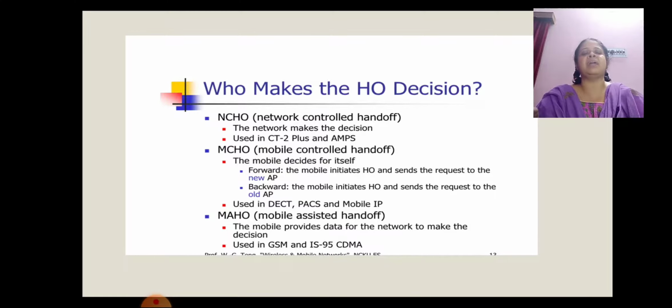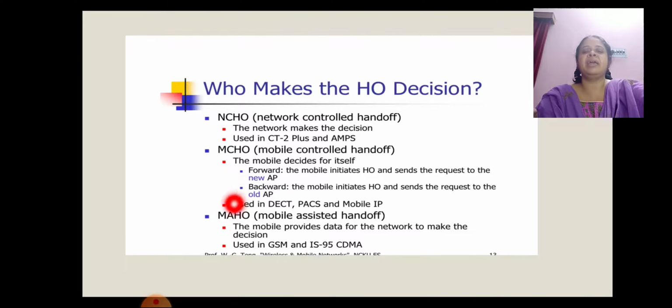Forward, the mobile initiates handoff and sends the request to the new AP. Backward, the mobile initiates handover and sends the request to the old access point. Used in DECT, PACS and mobile IP.